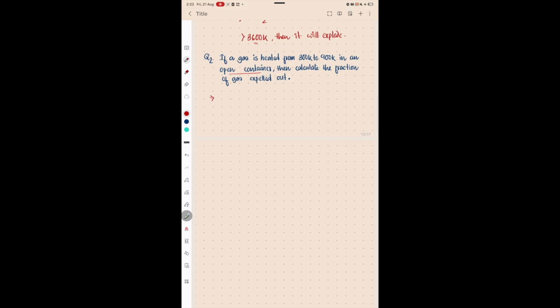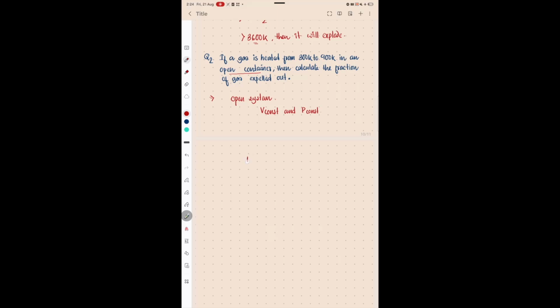Now what I have told is that this is an open container. That means this is an open system. That means volume, temperature and pressure are constant, because it is at atmospheric pressure, right?